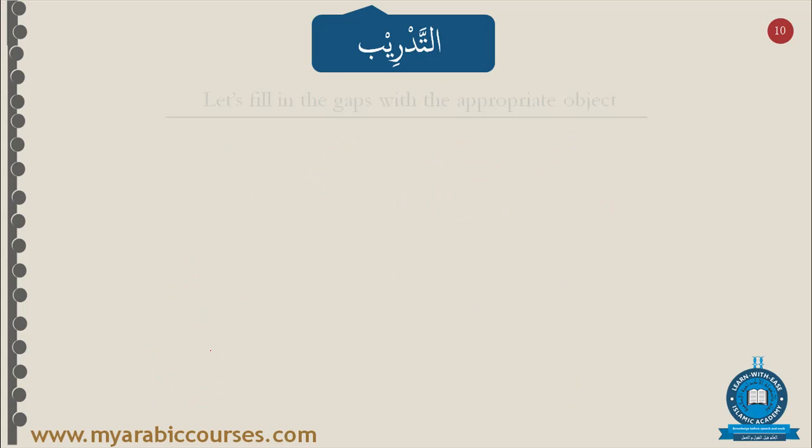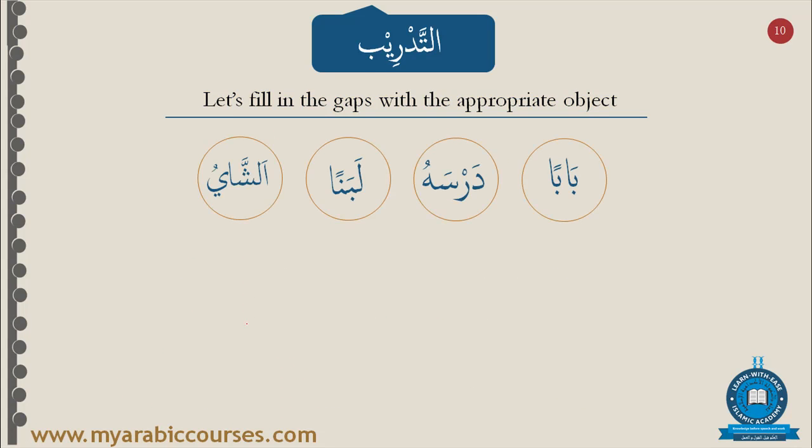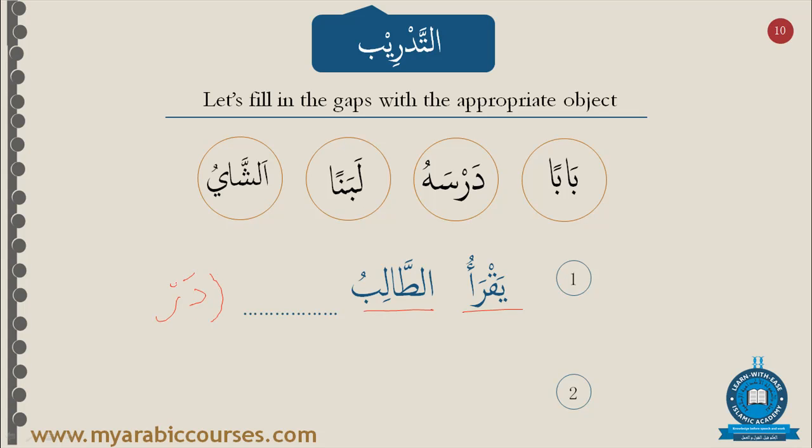Let's fill in the gaps with the appropriate object. Also, the first sentence, يقرأ الطالب dash. The student is reading dash. So let's fill in the gap. I'll give you just 5 seconds. Yes, the answer here is reading درسه.